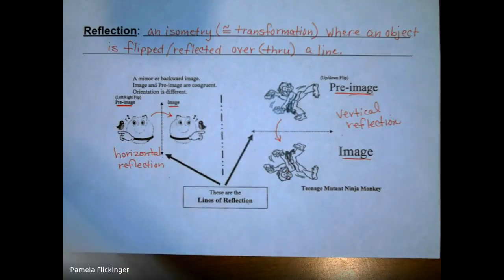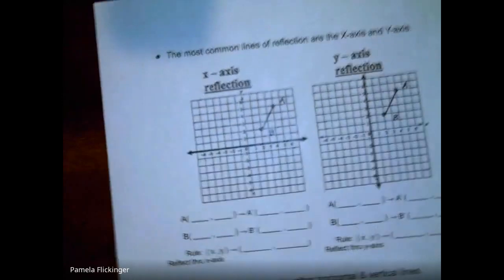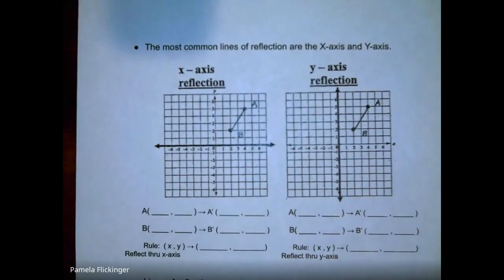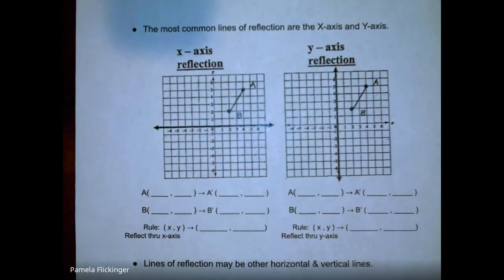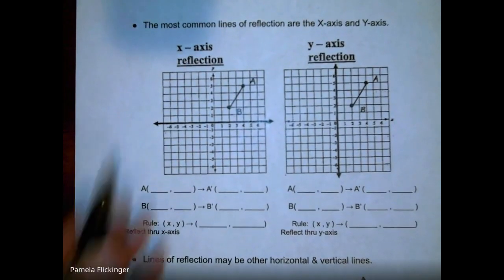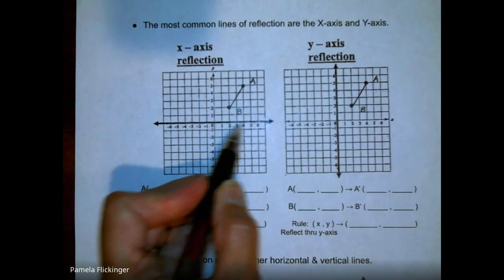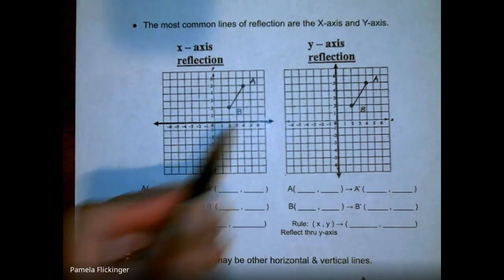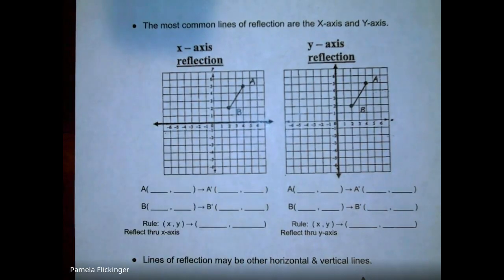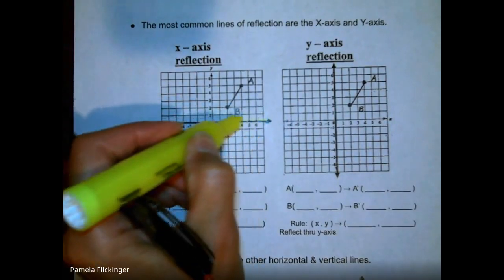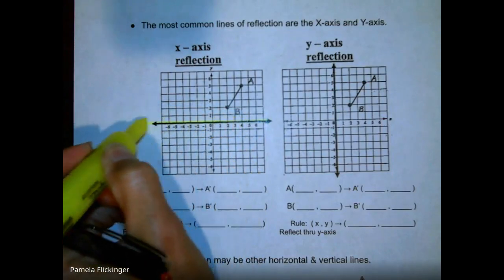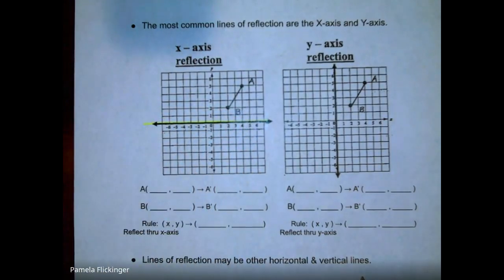Now, the most common lines of reflection are your X and Y axis. Now, if you're copying this as you go, I want you to notice that here I've got the X axis really highlighted. So if you've got a highlighter, it may help you, and of course, use the thin end to just kind of highlight your line.